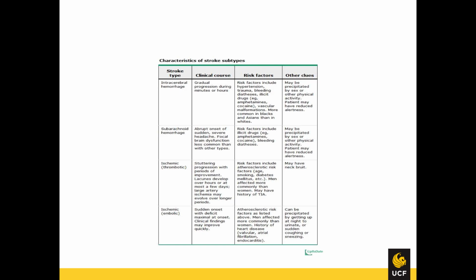Okay, I think this is a really good table because it's information we've already presented, but it presents it more globally. So when you go back to study stroke and you're studying for your exam, you might want to start with this subtype scale where it talks about ICH, subarachnoid, ischemic, thrombotic versus ischemic embolic, and really compare these.